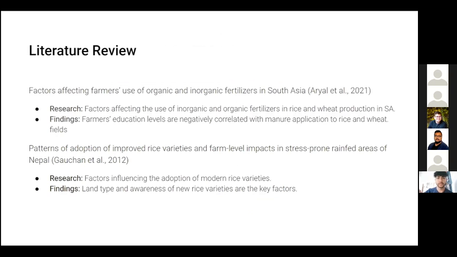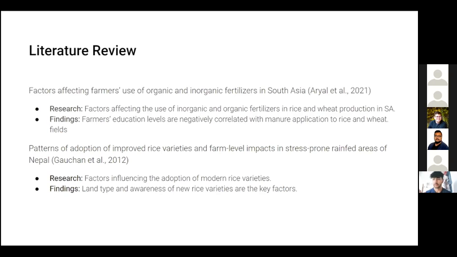So we've looked at literature that studies the factors that would affect the adoption of modern rice varieties and organic fertilizers in South Asia, which are both new farming technologies, just like hybrid seed. We found that farmers' education levels are negatively correlated with many applications to rice in wheat fields, which is consistent with our hypothesis.